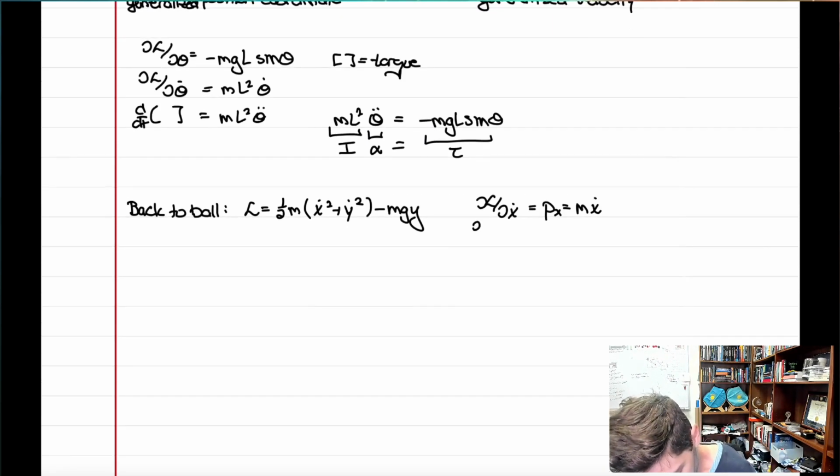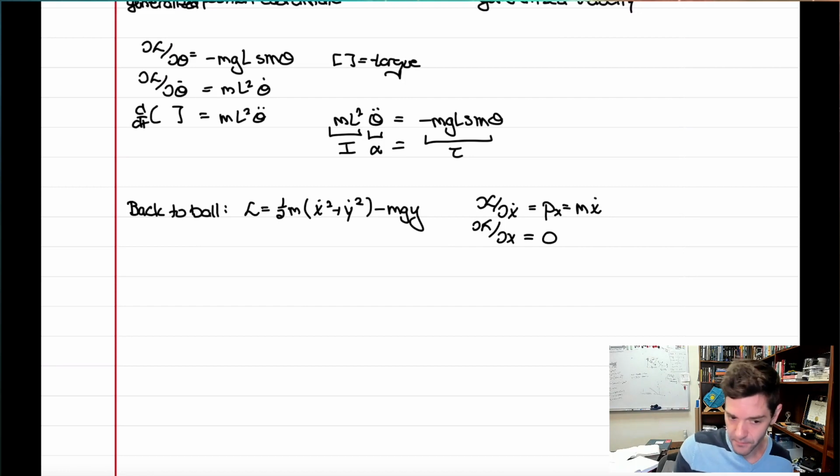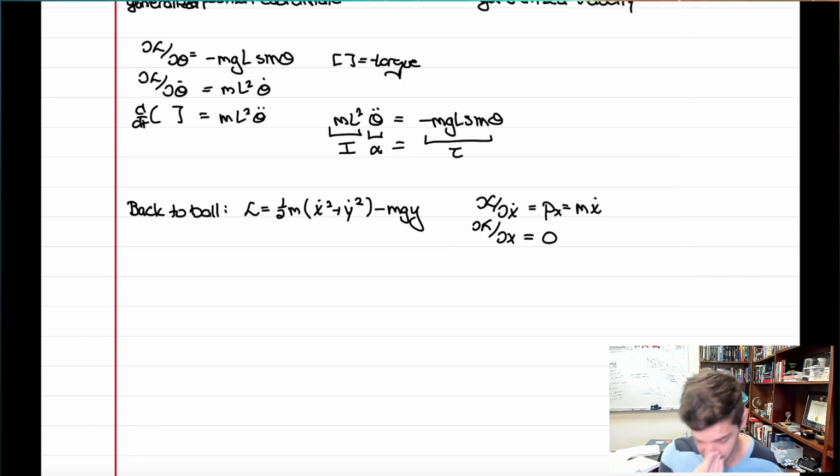But then also notice that the partial of the Lagrangian with respect to x equals 0, which, if we relate that to a generalized force, is saying that there's no force acting in the x direction. Remember that when we said there are no external forces acting in the x direction, we expect the horizontal momentum to be conserved. Does this say that?